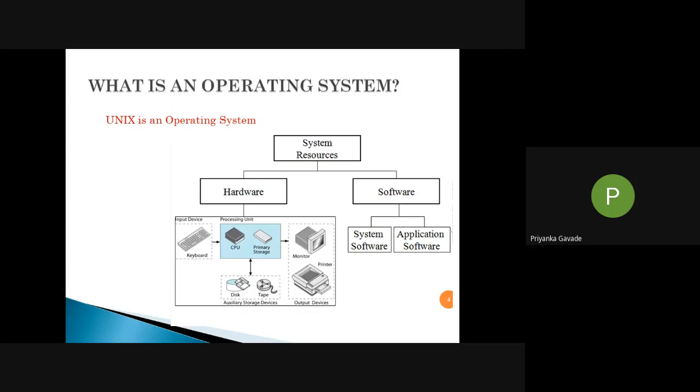Mac operating system, Snehal. Harshita says Ubuntu, DOS, Windows, Sanket. So these are all examples of operating systems, right? I have clearly mentioned Unix is also an operating system. I'm asking you different types of operating systems that you have studied in the previous semester.